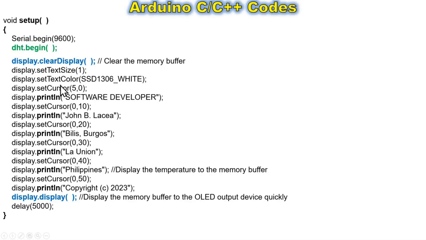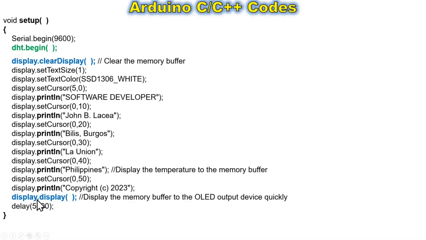The command display.setTextColor will assign a color that will be used to display the text. The command display.setCursor will position the text where it will display to the location specified in X and Y coordinates. The command display.println will display the text to the memory buffer, but it will not yet display to the OLED display.